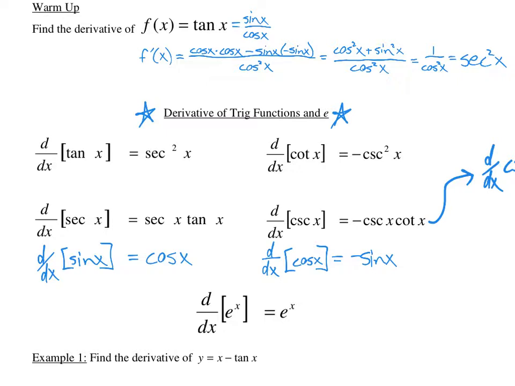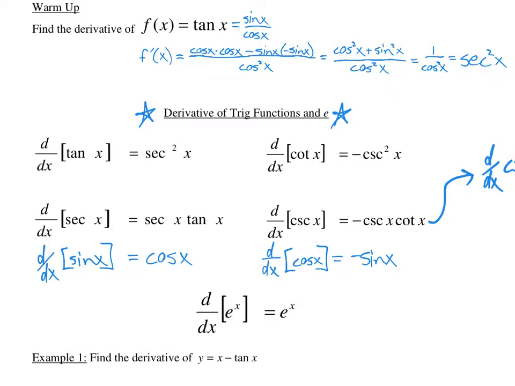Notice, do you remember your Pythagorean identities? Sine squared plus cosine squared equals 1. 1 plus tangent squared equals secant squared. 1 plus cotangent squared equals cosecant squared. The things that went together there go together here. Tangent and secant go together. Cosecant and cotangent go together.